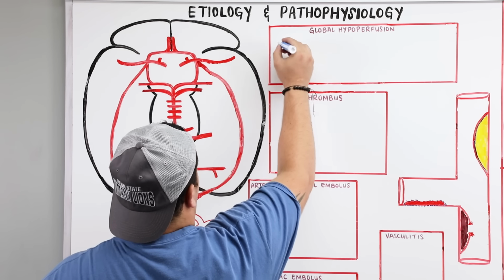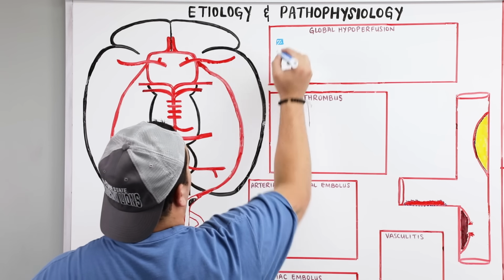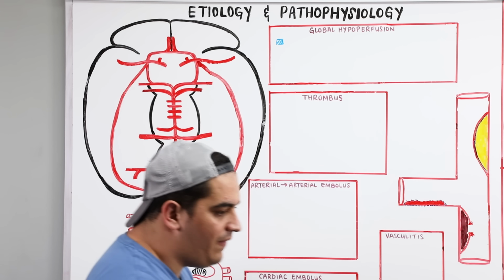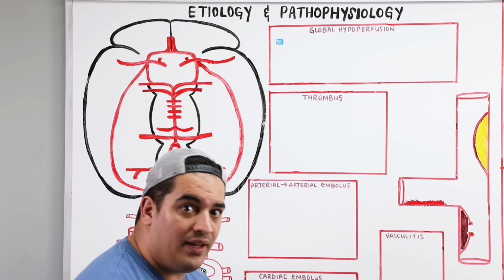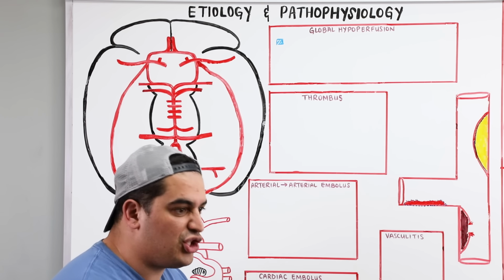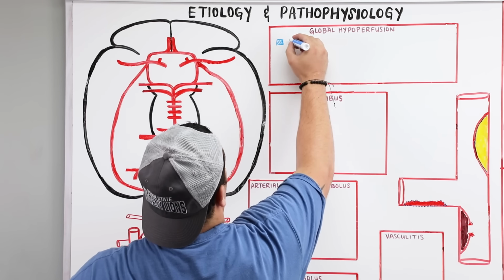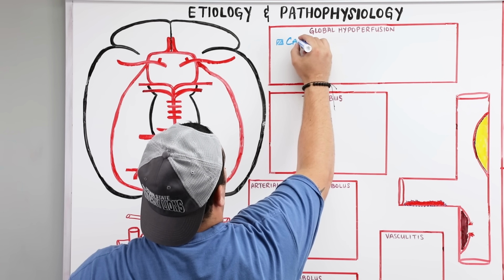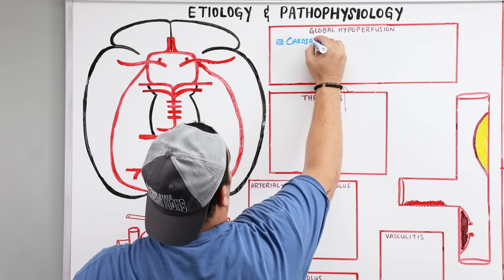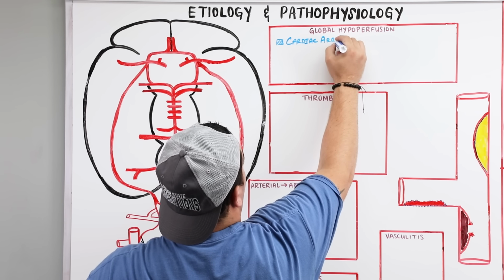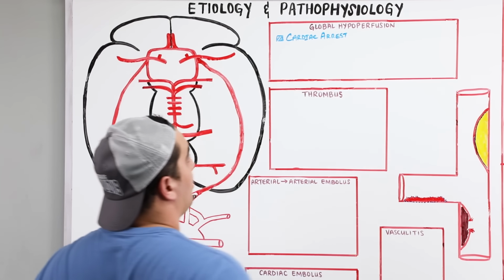The big thing you guys really want to remember here is when someone has significant, and I mean significant, cardiogenic shock or failure, or cardiac arrest, which is kind of the best thing to say. So let's say we talk about cardiac arrest. When someone goes into cardiac arrest, their heart is not pumping any blood out.